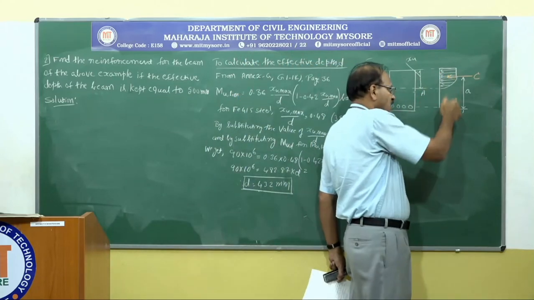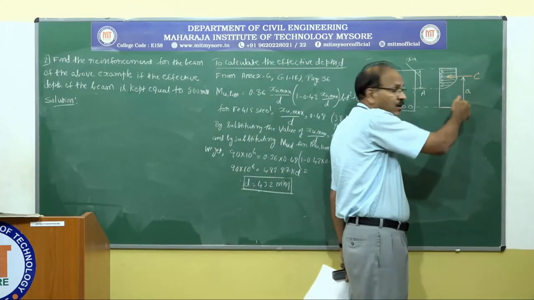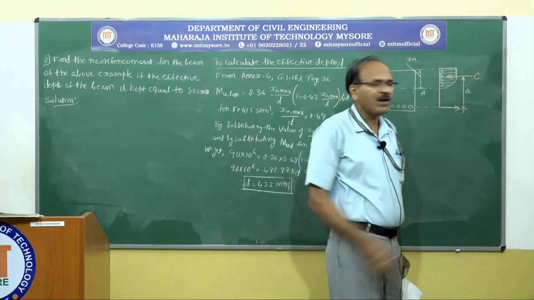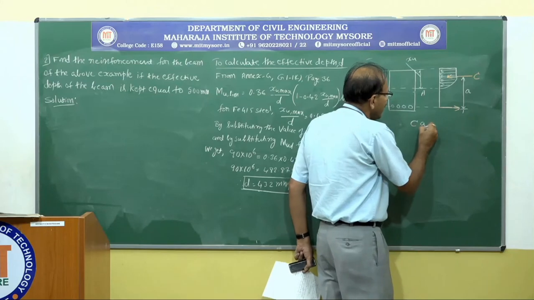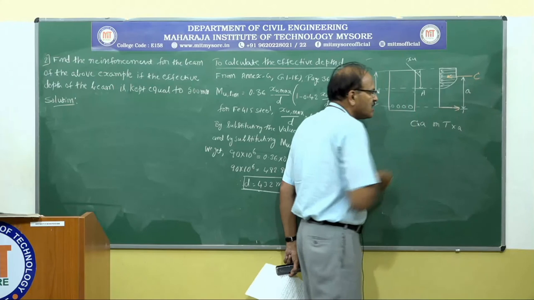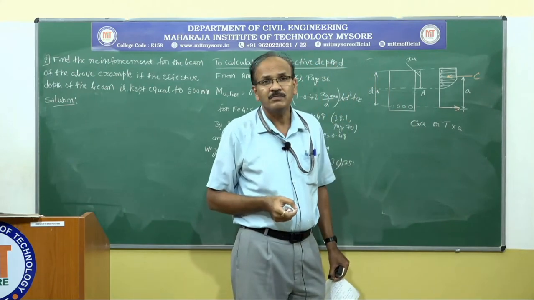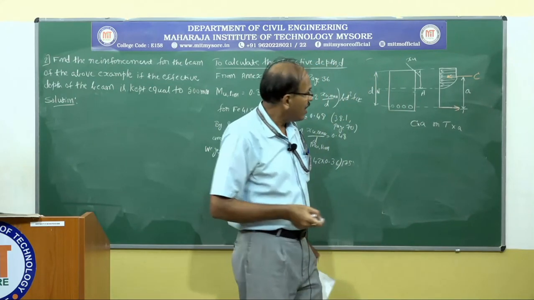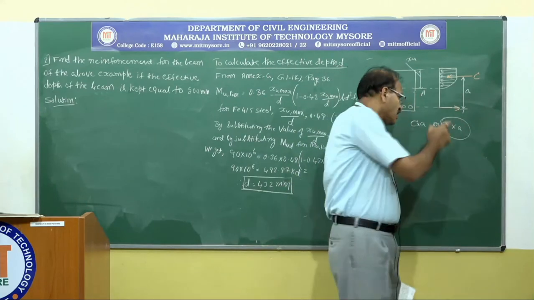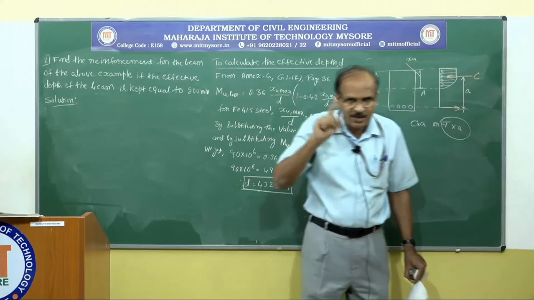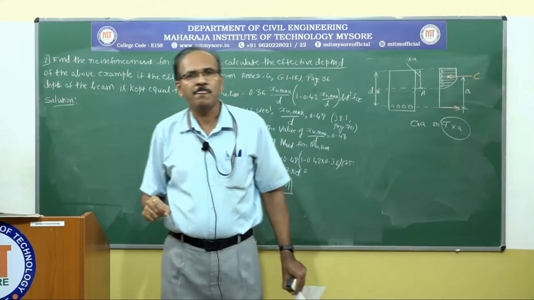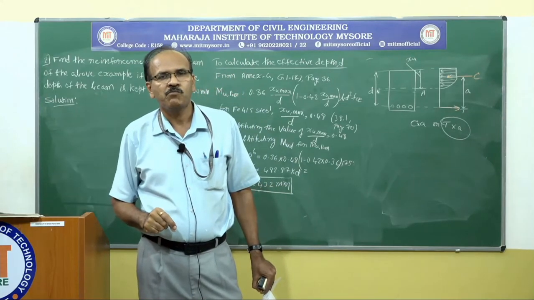Because these two forces are separated by a distance of A called the lever arm, these two forces form a couple of magnitude C multiplied by A or T multiplied by A. And this couple, that is the moment, is going to resist the moment caused due to the external load.